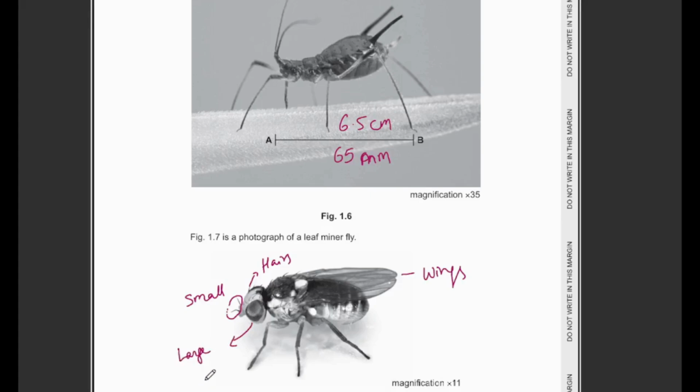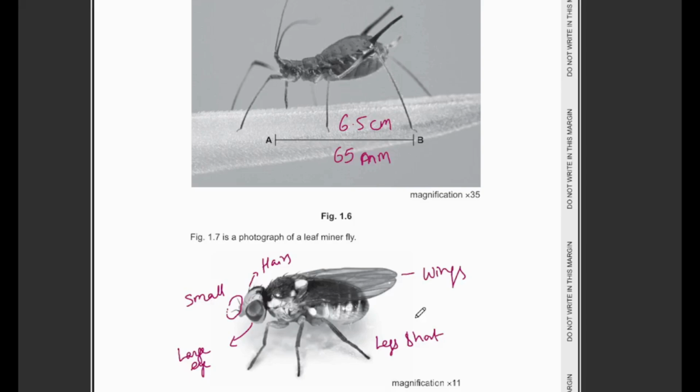Large compound eye. Is that fine? Okay, anything else? Legs are short, and they are also thick. 1, 2, 3.